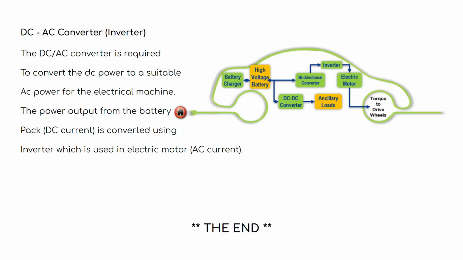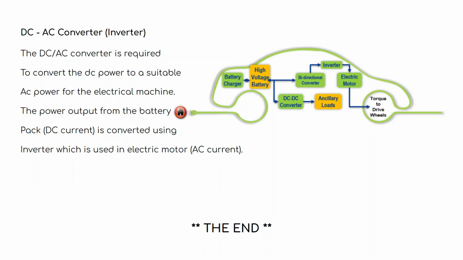Finally we have the DC to AC converters, which are also called inverters. The figure shown here represents a simple diagram of DC to AC converters, which consists of battery charger, high voltage batteries, DC-DC converter, bidirectional converters, inverter, electric motors, etc. The DC-AC converter is required to convert the DC power to a suitable AC power for the electrical machine.